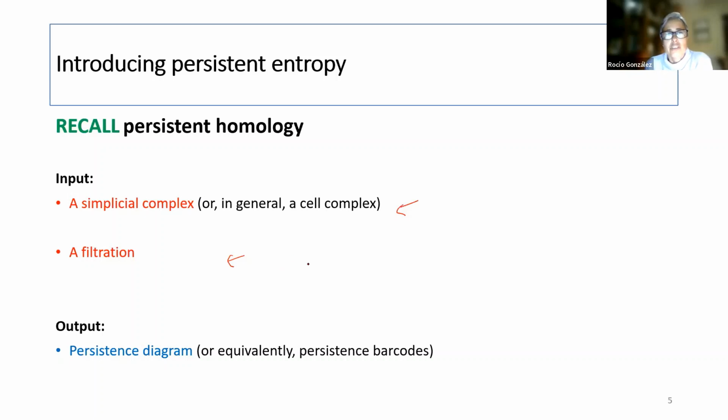After a procedure in which each time a simplex or a cell is introduced to the filtration, a topological class is born or dies, we can recollect all of this information to obtain the persistent diagram, or equivalently the persistent barcodes. Let's see an example.